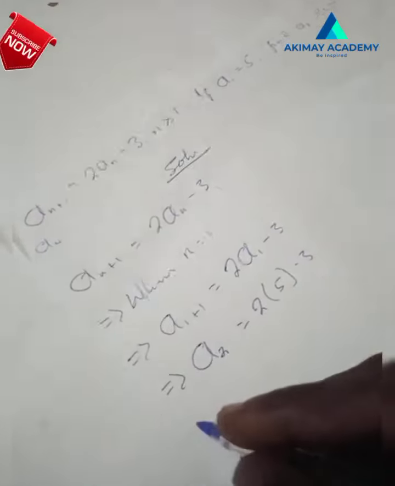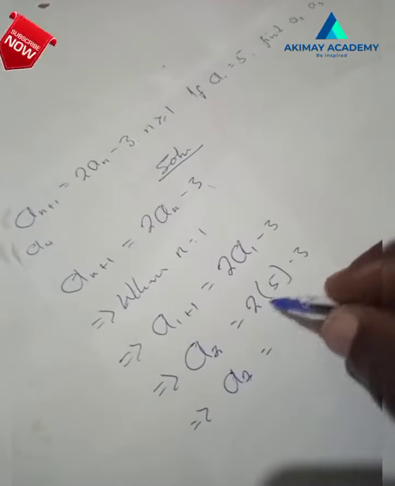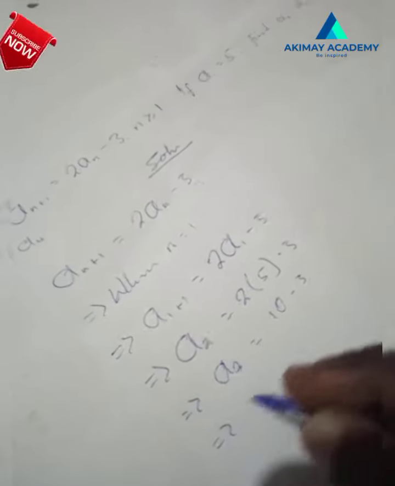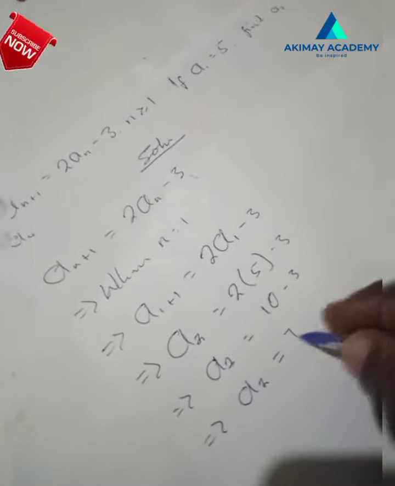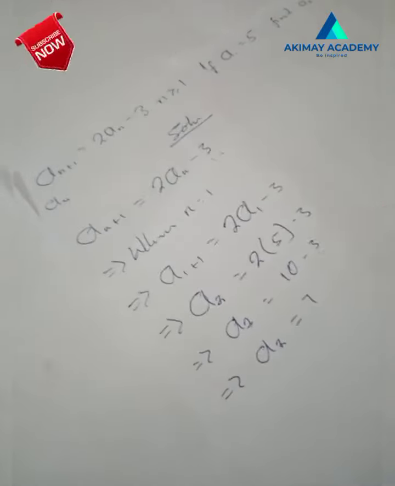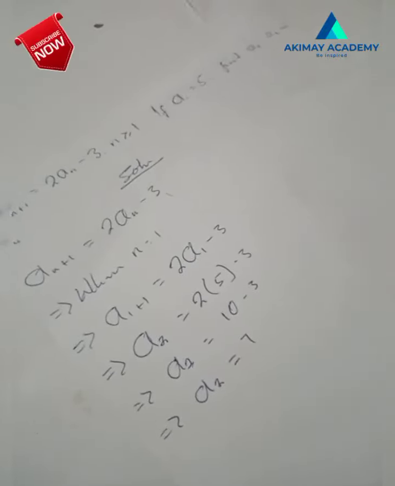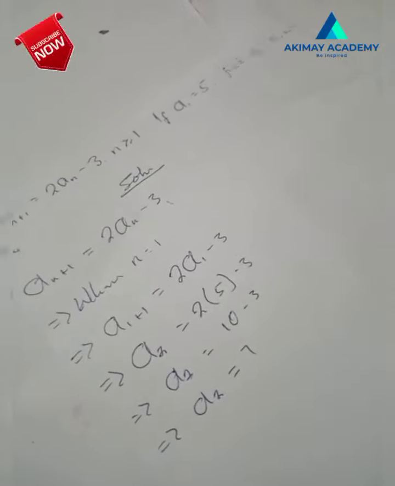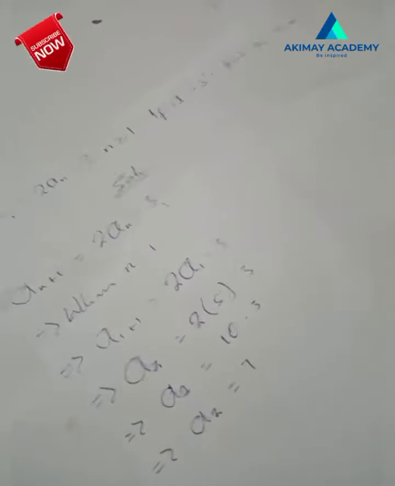So a subscript 2 equals 2 times 5, which is 10, minus 3, and therefore a subscript 2 equals 7. Very simple. They say we should find a subscript 2, so our a subscript 2 is given as 7. Now we use the same principle to do the rest.